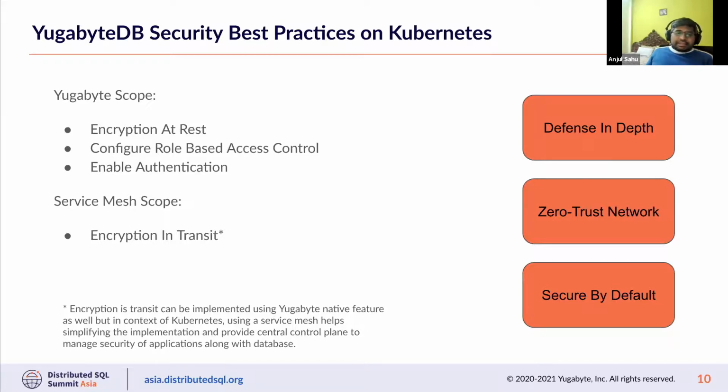The next thing is the service mesh scope, which covers encryption in transit. You can obviously implement encryption in transit with Yugabyte offerings, but when you are deploying particularly on Kubernetes, using a service mesh to implement this becomes easier, and it becomes a consistent approach.